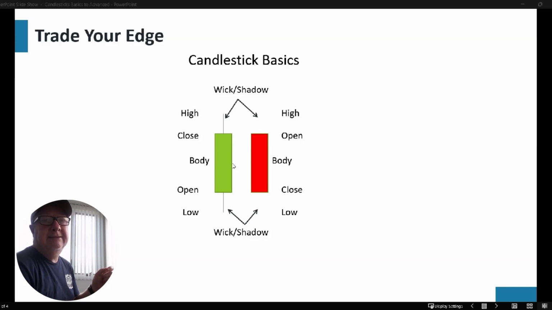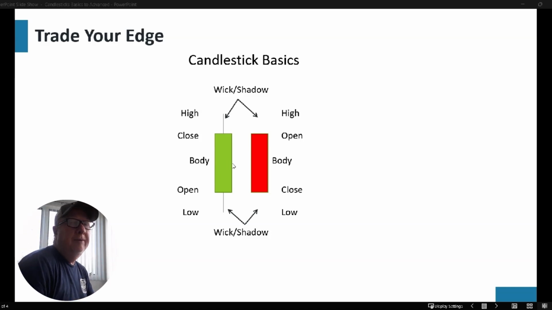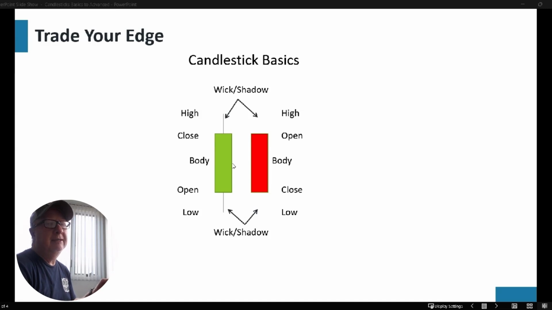And all that means is that the stock opened and closed at the same price. Okay. The candle can represent basically any period in time. It could be a 1 minute candle, or it could be a monthly or a yearly candle. So this entire candle can encompass, again, a minute or a year.